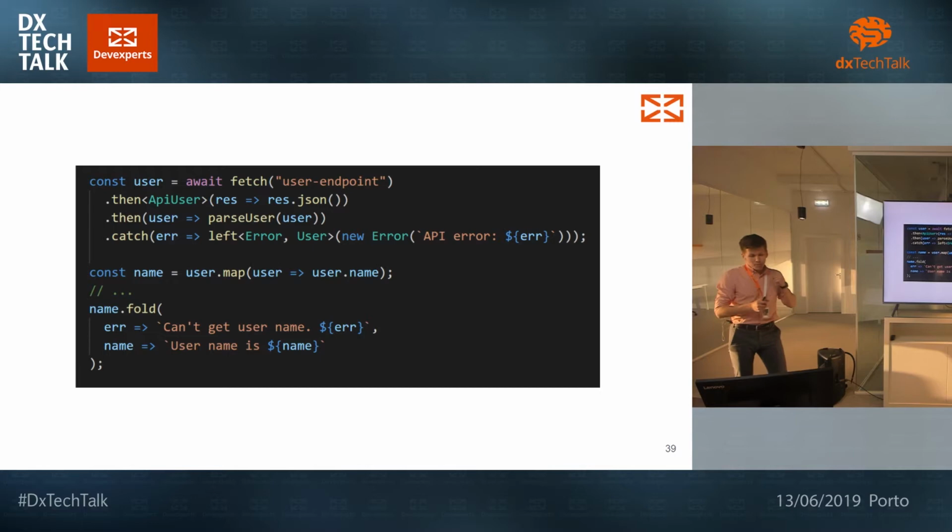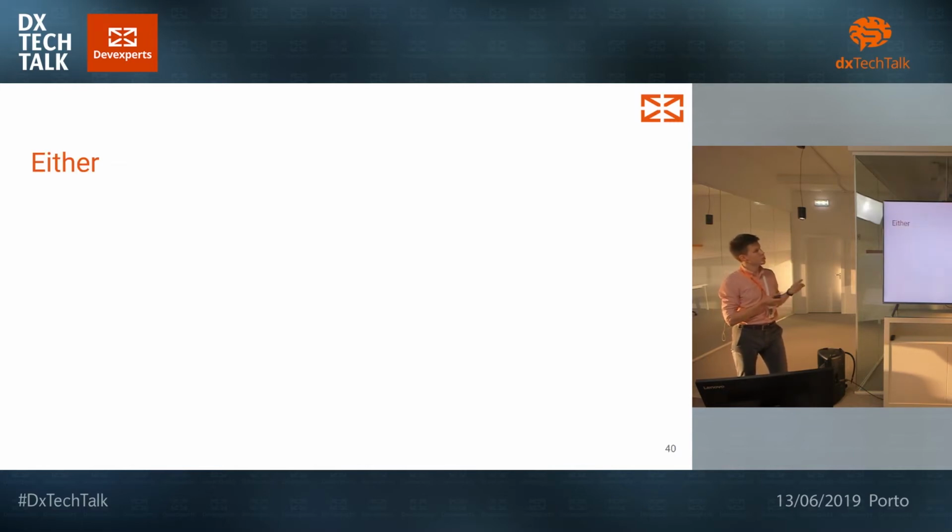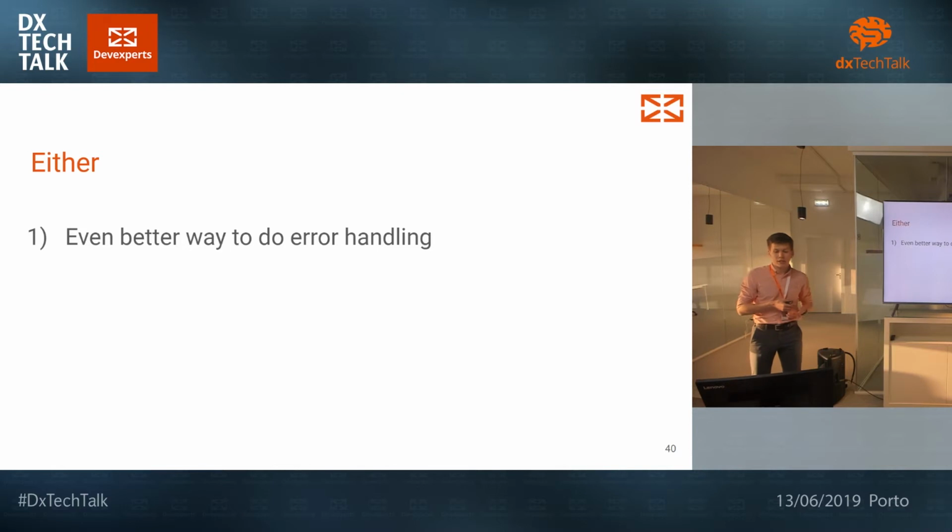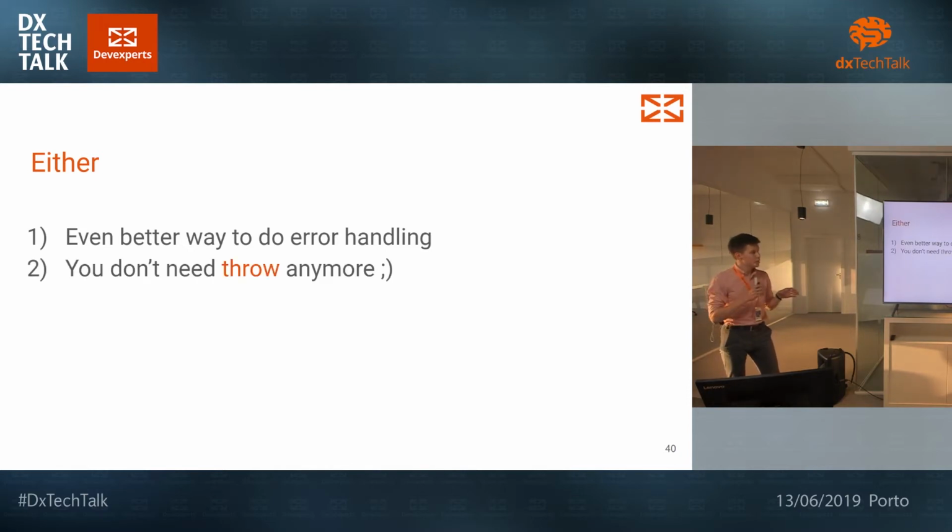So this was small example about either data type, and what I want you to remember here is either is actually even better way to do error handling in your applications, because now we can set the reason of the error, and actually with either you don't need to throw exceptions anymore at all.